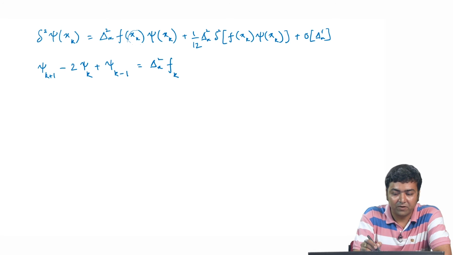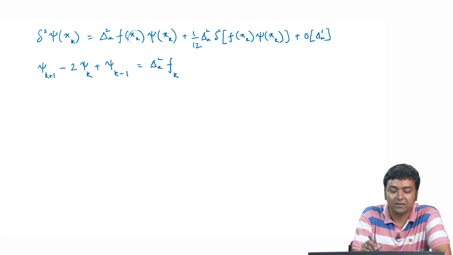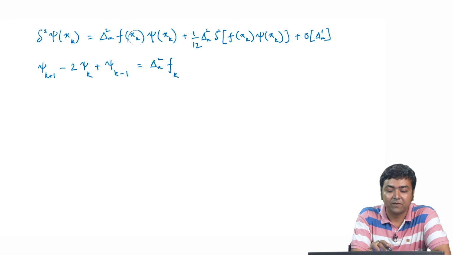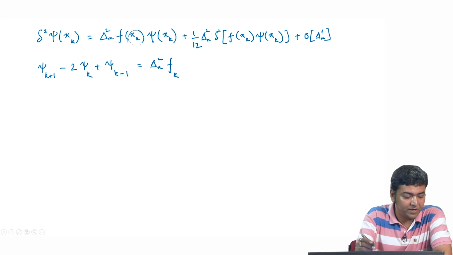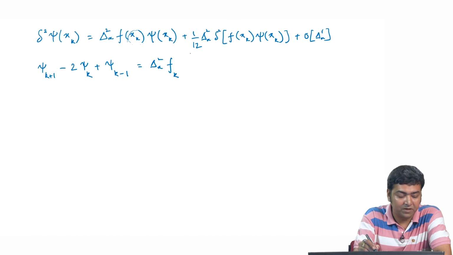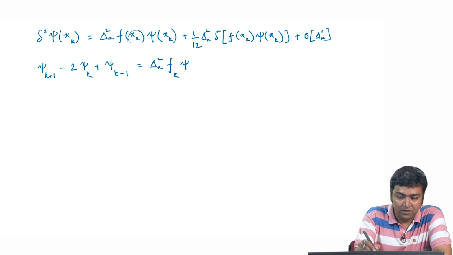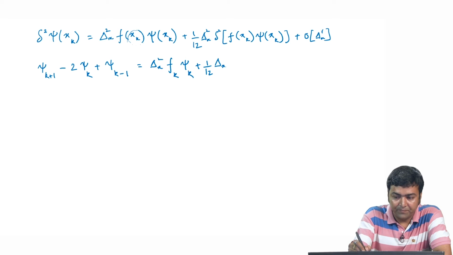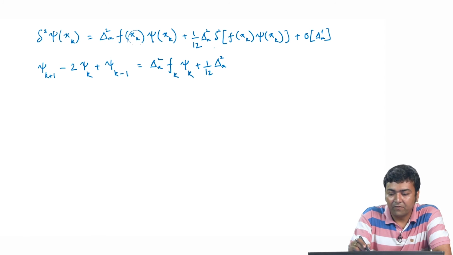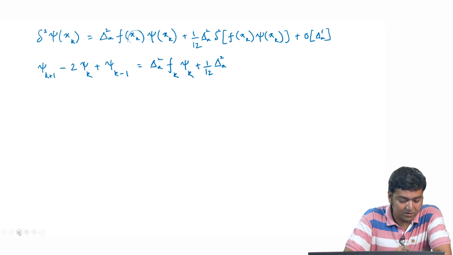When I write f with a suffix k, it means f is a function of x k at the kth point of my grid.